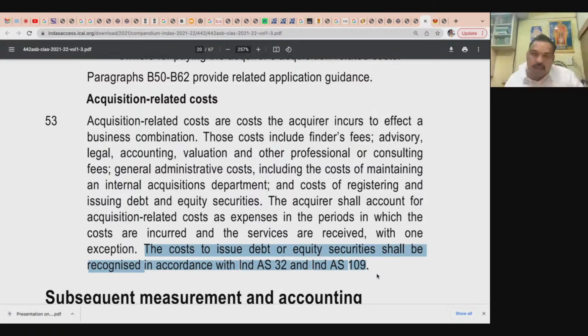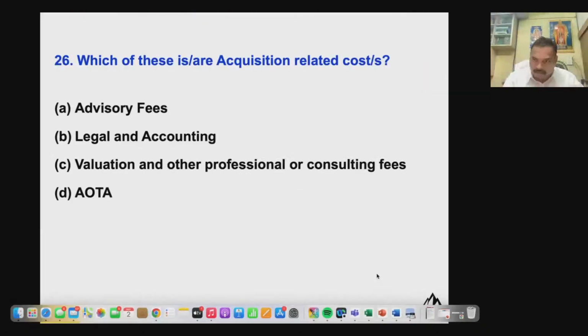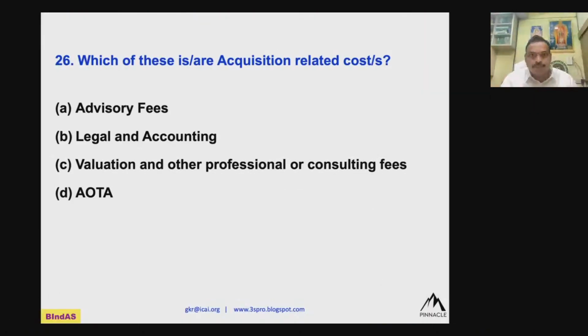When you find the cost, you need to include these costs and then find the effective interest rate. So these costs will be used to find the EIR, the effective interest method. That is why this portion alone is different. Okay. So very interesting.